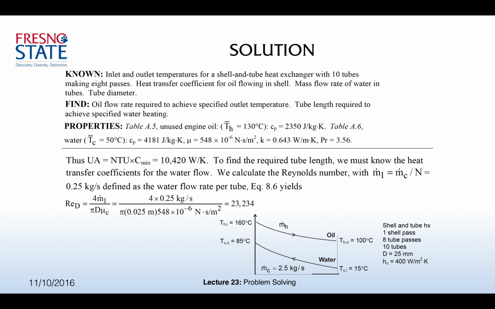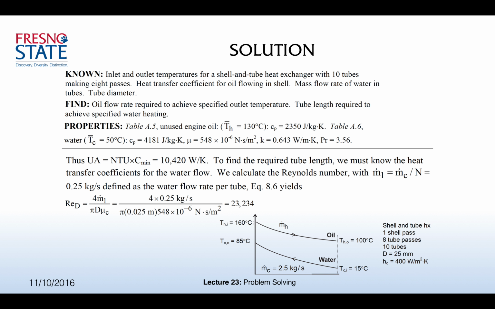Therefore, I want to calculate my Reynolds number based on the diameter of the tube. It's given as 25 millimeters. The Reynolds number, one of the formats for that, is 4 times the mass flow rate divided by pi d times the dynamic viscosity, mu, of the cold fluid, which is water. That's the fluid flowing inside the tubes.